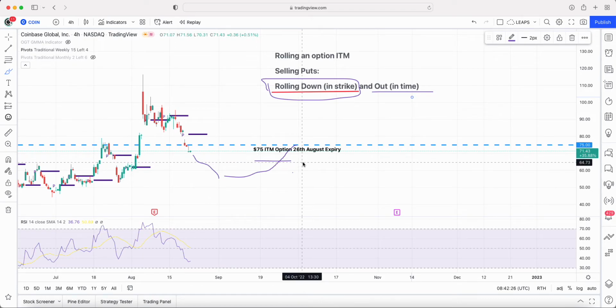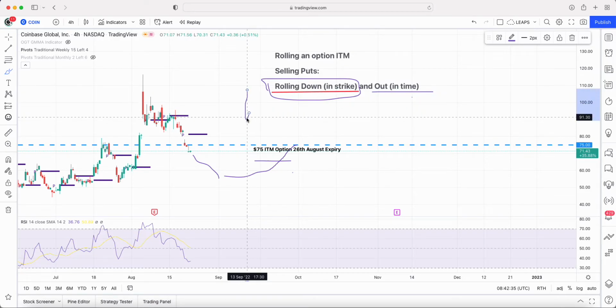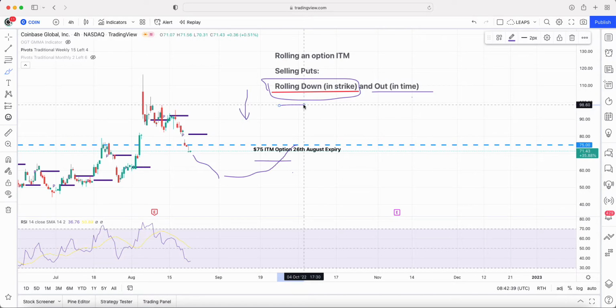What I always look for, and this is the golden nugget piece, is I'm looking to roll down as many strikes as I possibly can by rolling out for as little time as possible for a net credit. It's probably not the right way to say that, but you get my point. To roll out for a net credit.